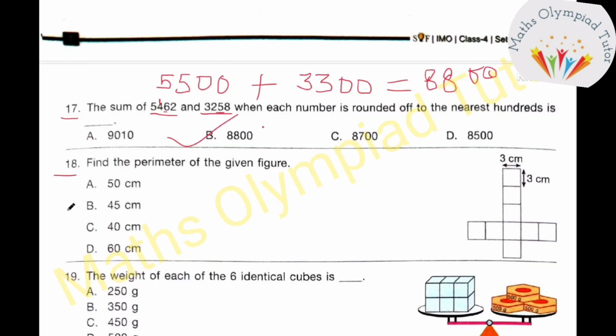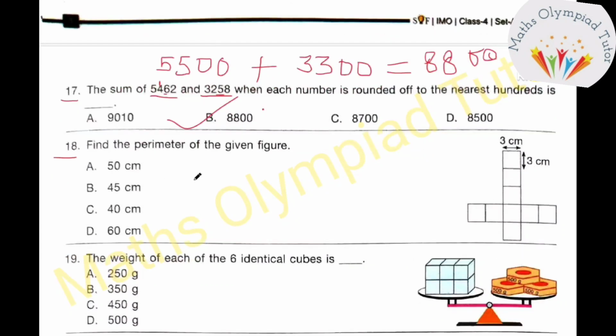Question 18 is about the perimeter; we have to find the perimeter. Perimeter here is, so first we select the starting point here. We will cover the border of this given figure and return back to the starting point. So like this, 1 2 3 4 5 6 7 8 9 10 11 12 13 14 15 16 17 18 19 20.